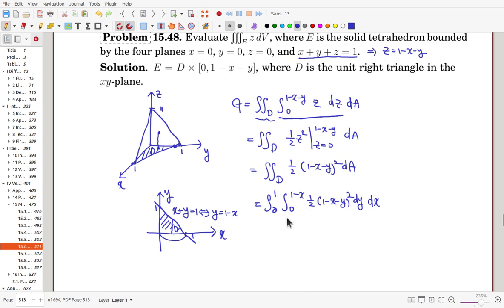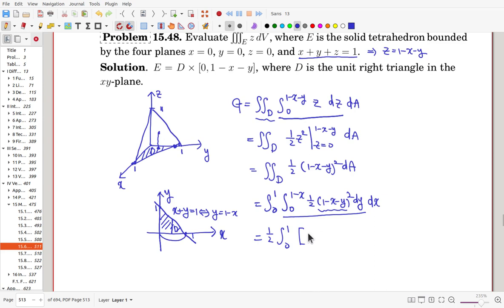Okay, and we have half times 1 minus X minus Y squared, dy. Now let's try to get this one. The half will go outside, from 0 to 1. Now for that portion, let's get its antiderivative.